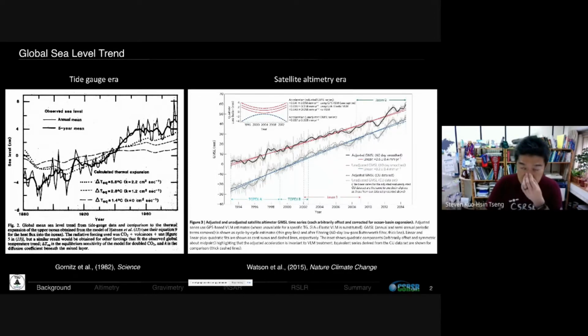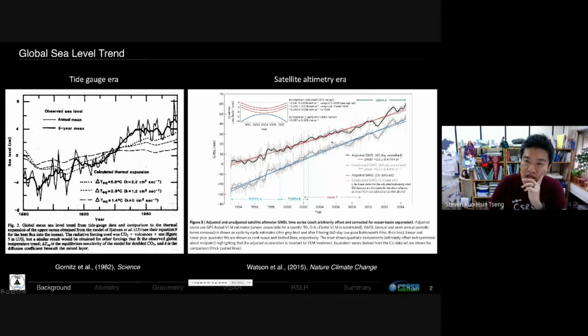Satellite altimetry measures surface height, sea surface height, from space. We use Earth observation satellites flying in low Earth orbit. We can construct a very long temporal record of sea level.